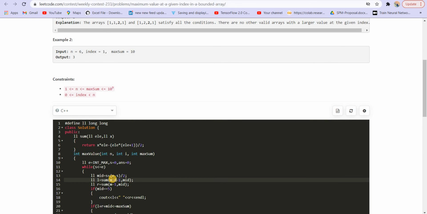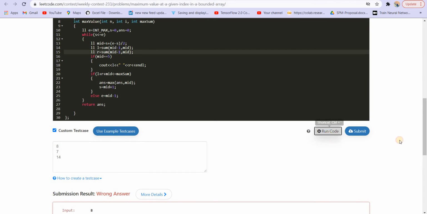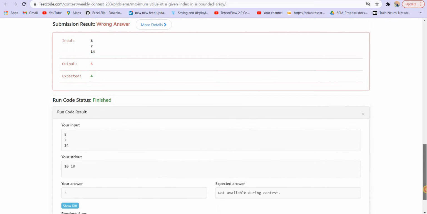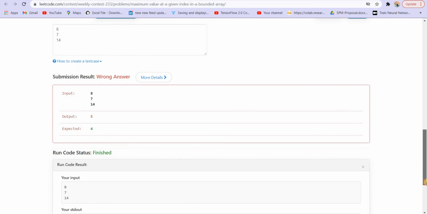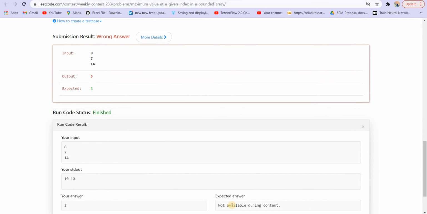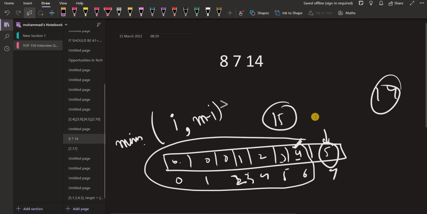Like, these many elements could be there. Oof. I am getting 10 for this side. 4 plus 3 plus 2 plus 1, that is correct. But why for the right hand side am I getting 10?